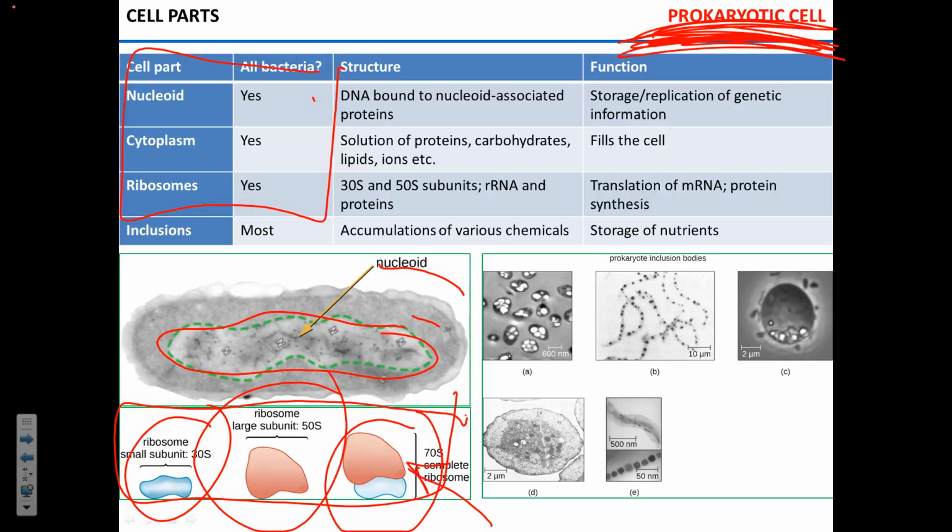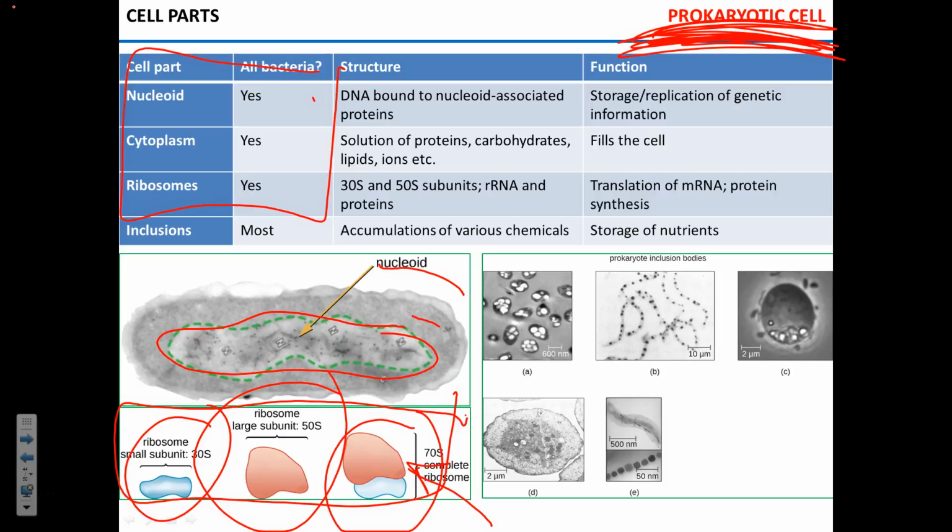Does that make sense? You can specifically target the ribosome, and probably 70-75% of all antimicrobials, antibiotics, are focusing on the ribosome because it's so convenient. They're so different. Does that make sense?